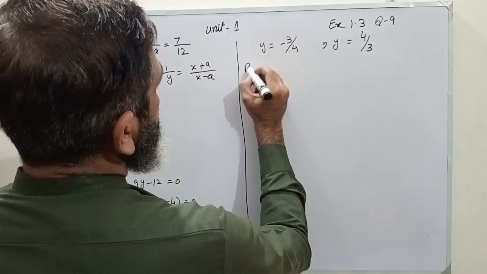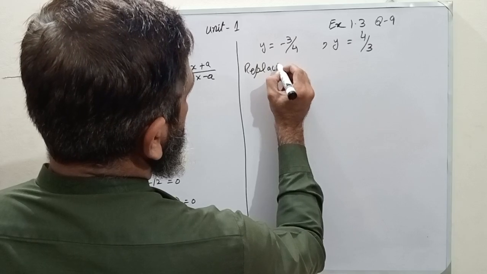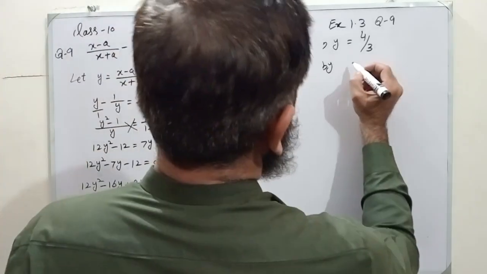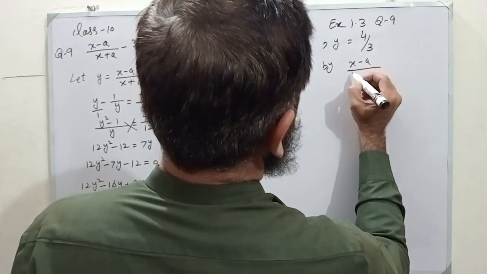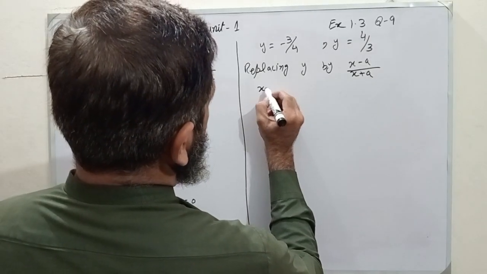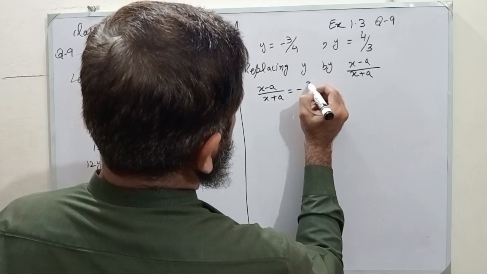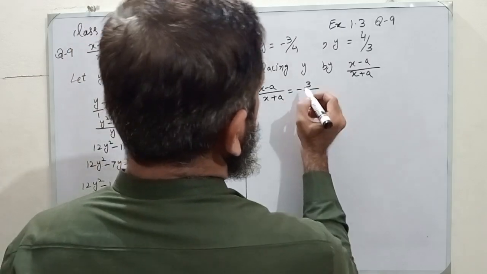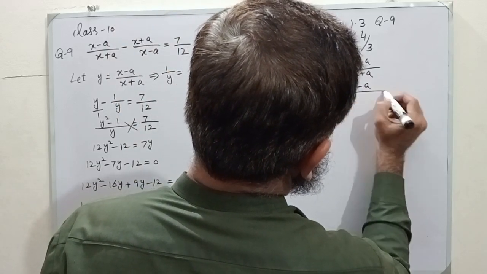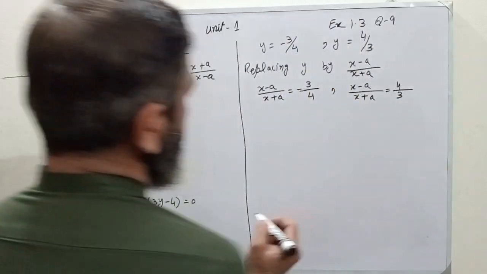Now replacing y by x minus a over x plus a. So here x minus a over x plus a is equal to minus 3 over 4, okay, and here x minus a over x plus a is equal to 4 over 3, okay.